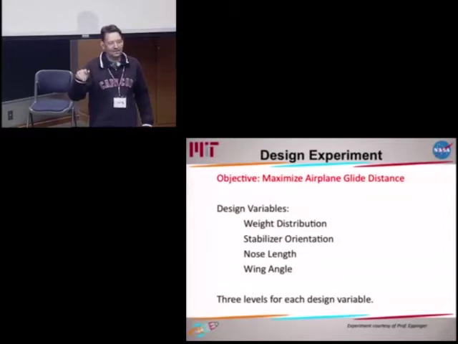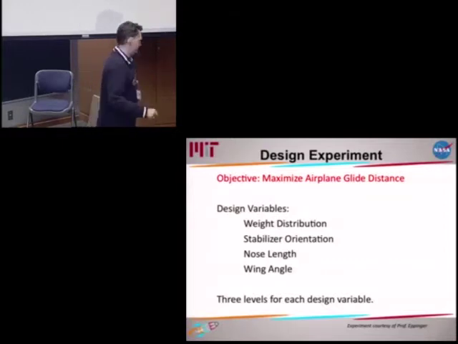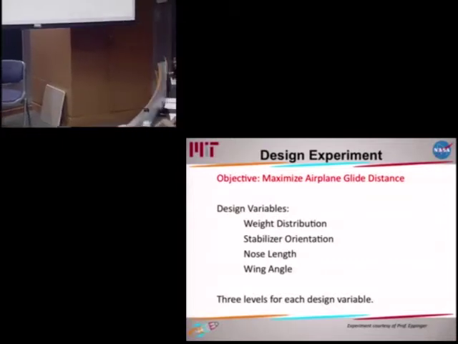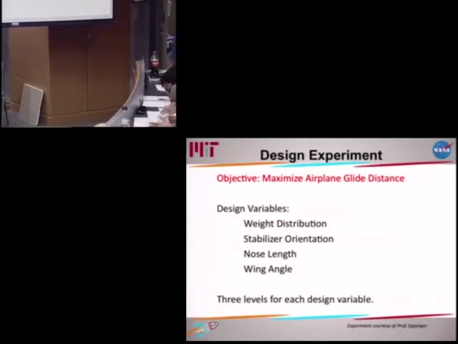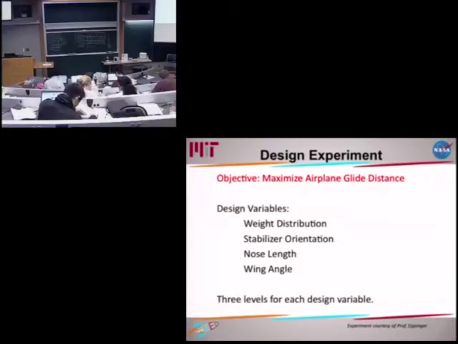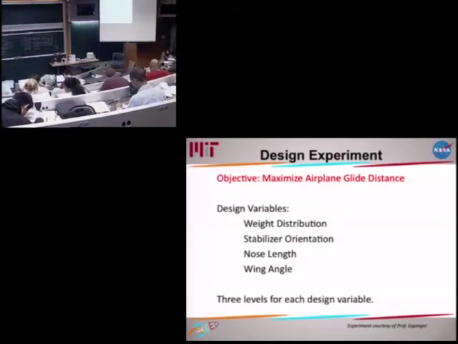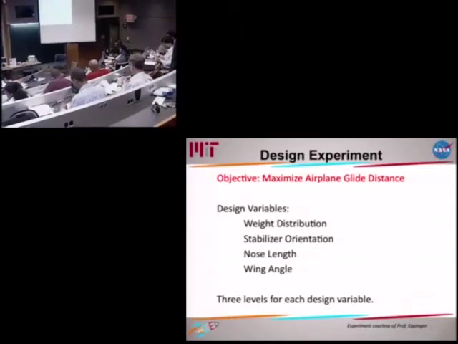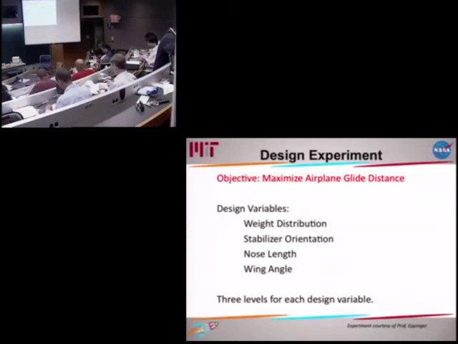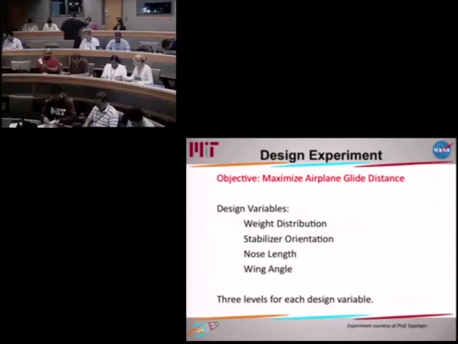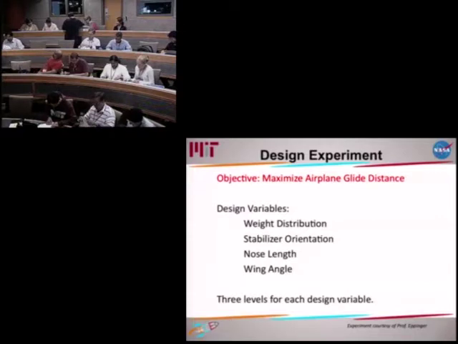Anybody need some help? Yes. What have I done incorrectly? What's your experiment? I'm 9, so I went from here to here. That's good. A3C, that's good. So I think there was an extra step here. Oh, okay. And then this is my stabilizer up here.